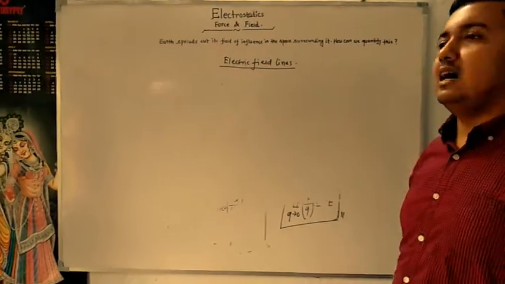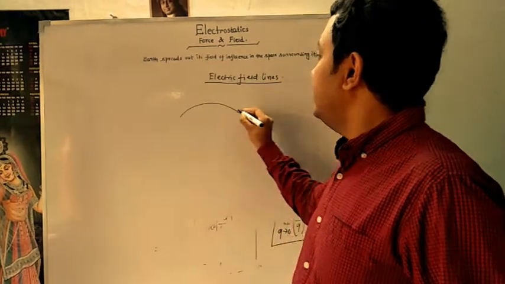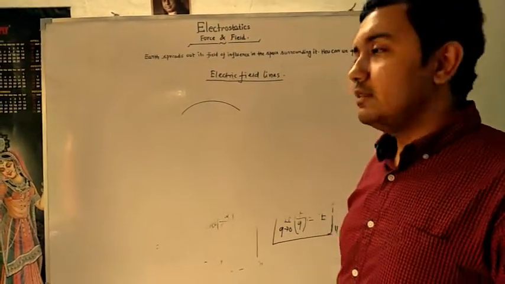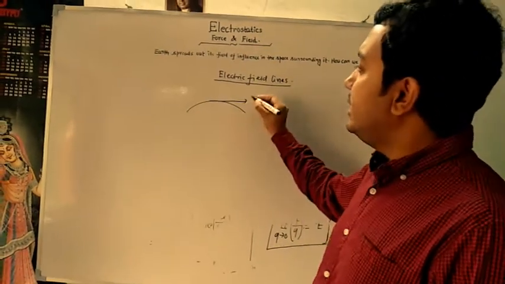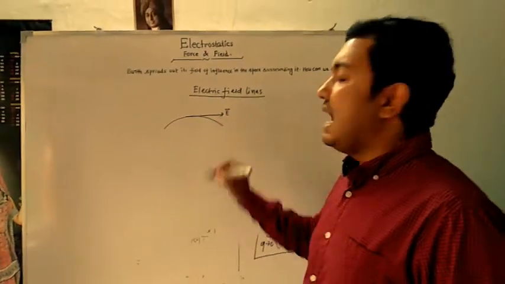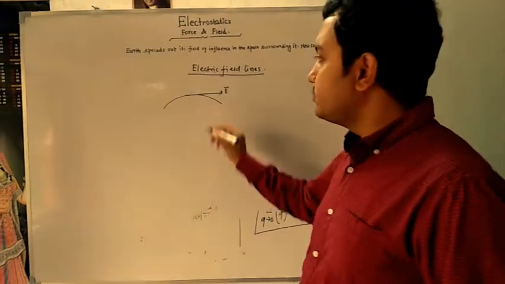Electric field lines are curved lines drawn in such a way that its tangent drawn at any point gives the direction of electric field at that particular point.